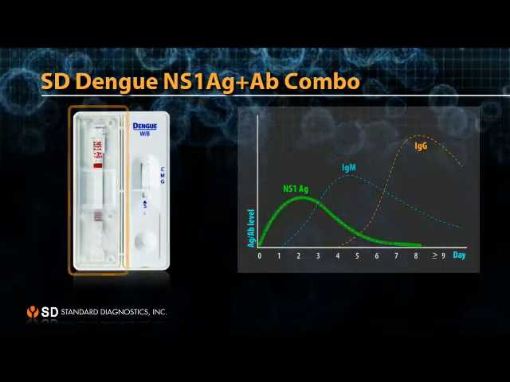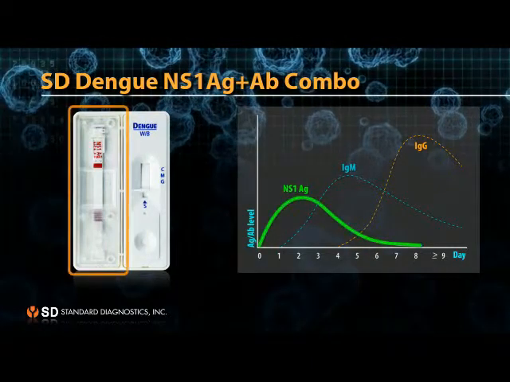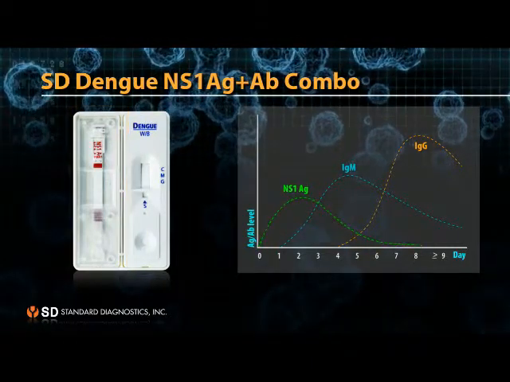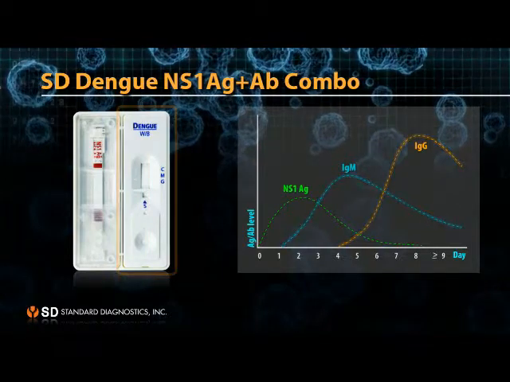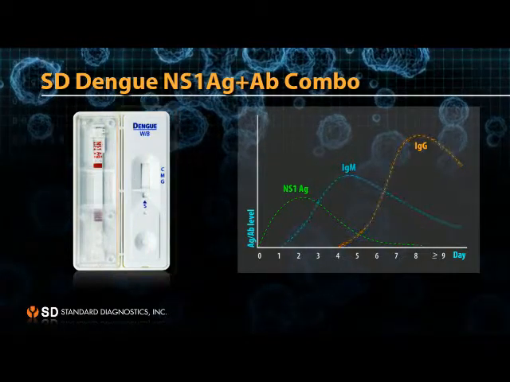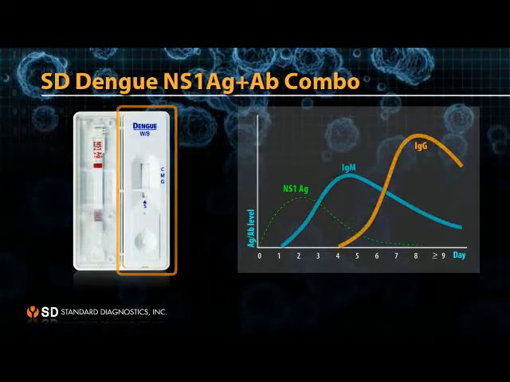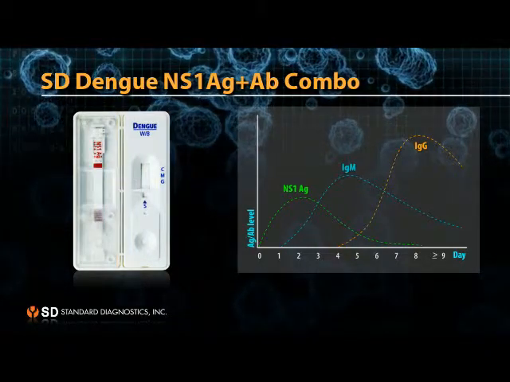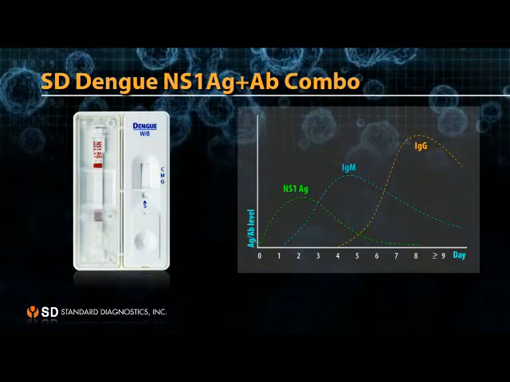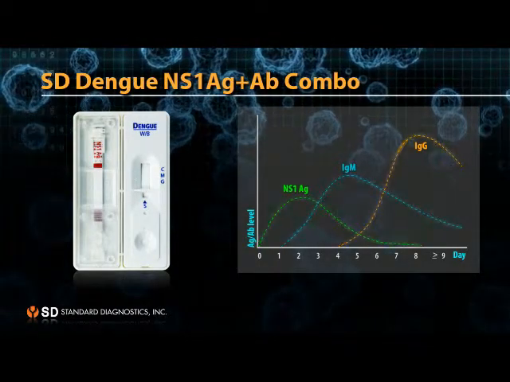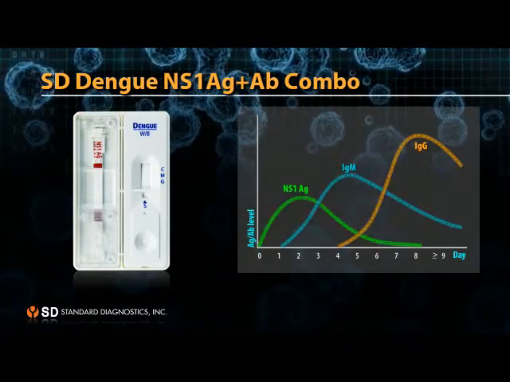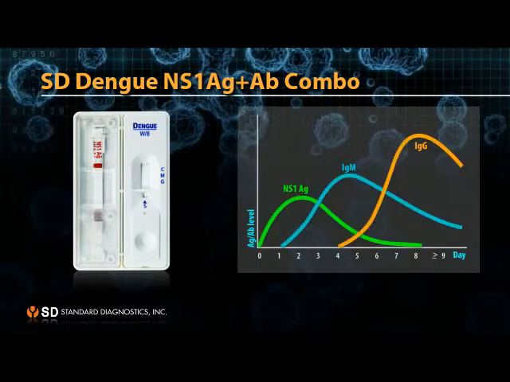Dengue NS1 antigen could be useful for early acute phase samples from day 1 to 5. An IgG-IgM antibody test was designed to detect antibodies appearing in the convalescence phase after day 5 to 14. The main purpose of duo tests is the simultaneous detection of dengue NS1 antigen and IgG-IgM antibody together, not separately.